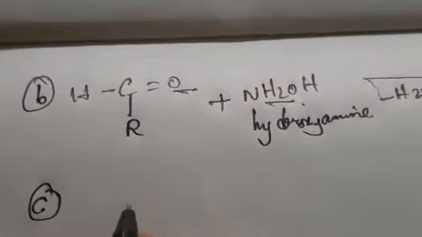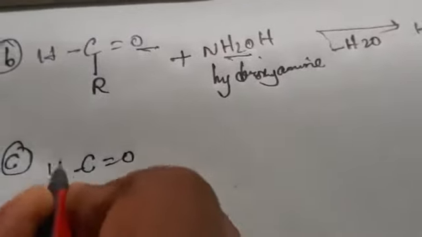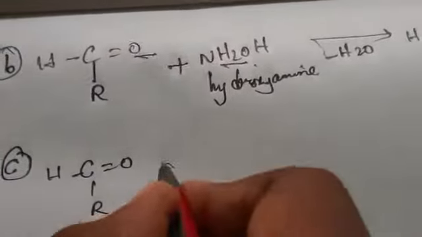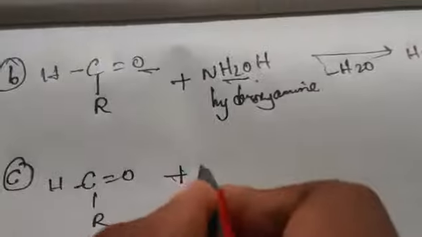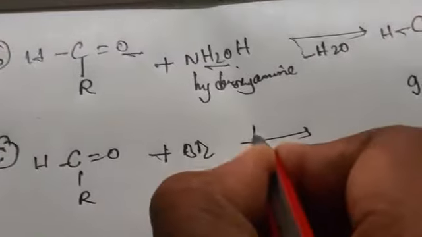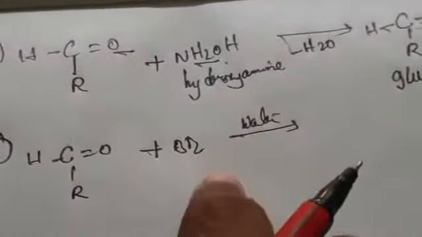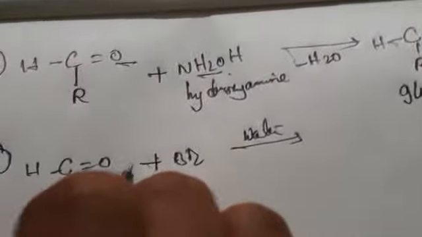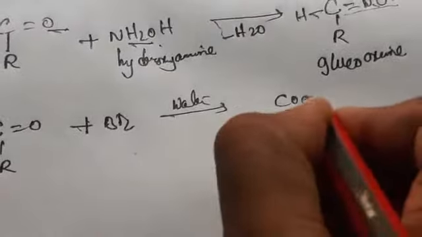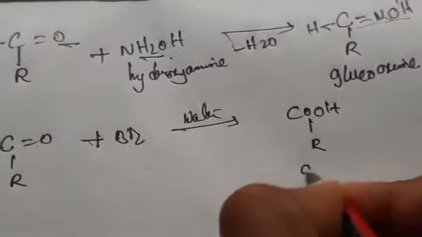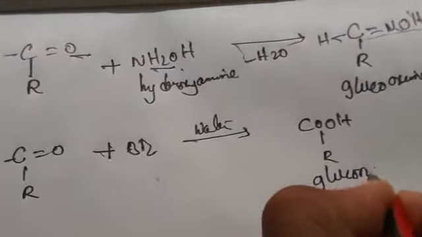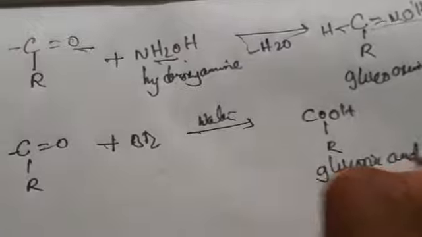Another one is CHO R, glucose treated with Br2 in the presence of water. Okay, Br2 water. It will change into COOH R, so we are getting gluconic acid.